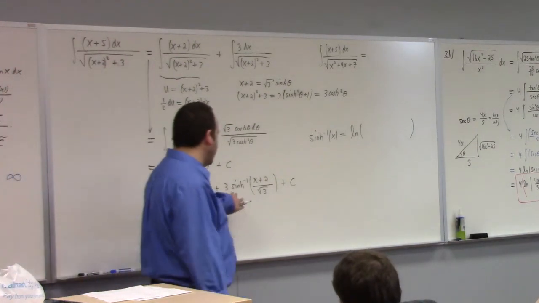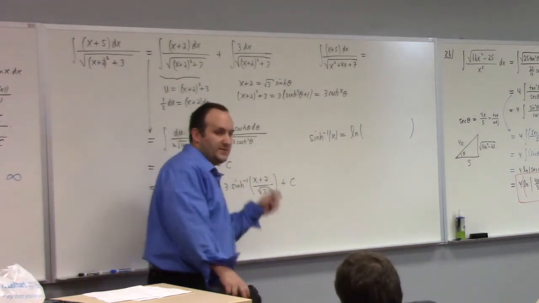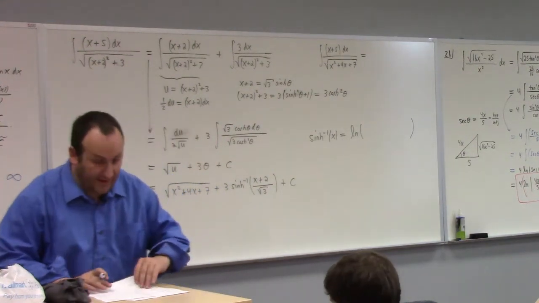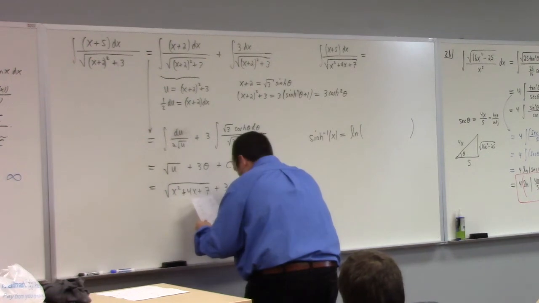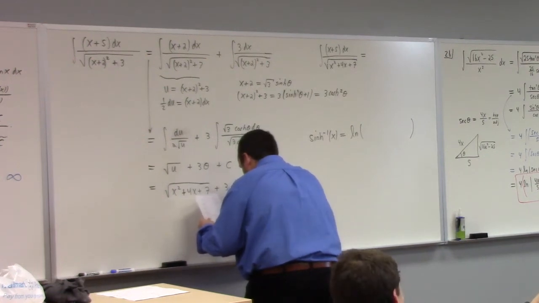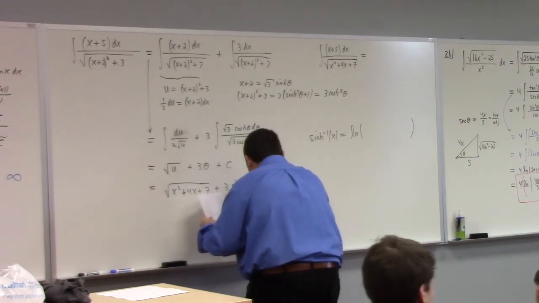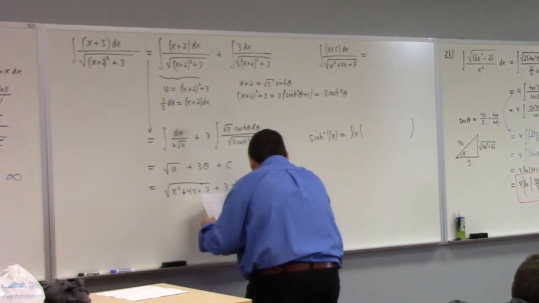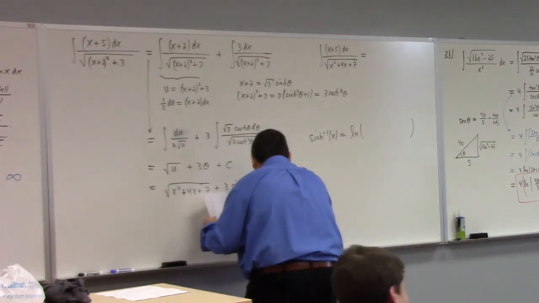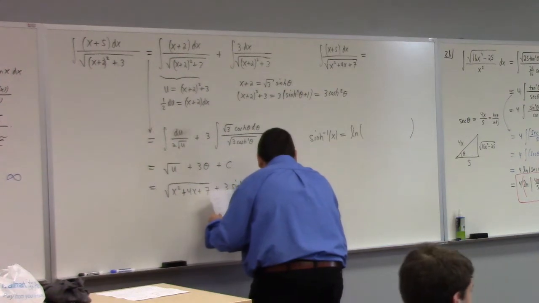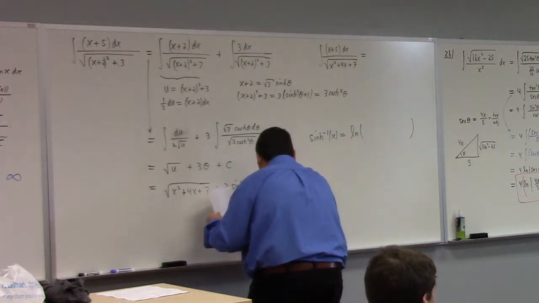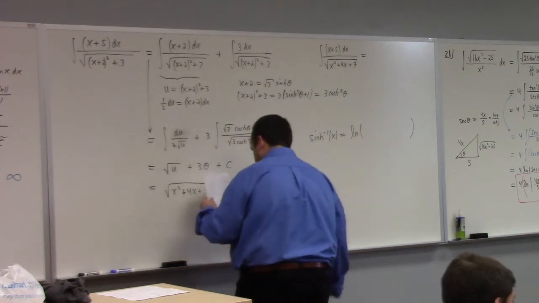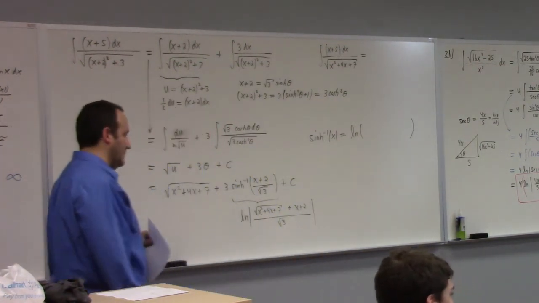So this can be rewritten as like a natural log of a particular thing. If you go a different path, this becomes the natural log of the absolute value of the square root of x squared plus 4x plus 7 plus x plus 2 divided by the square root of 3. And there's a 3 out front.